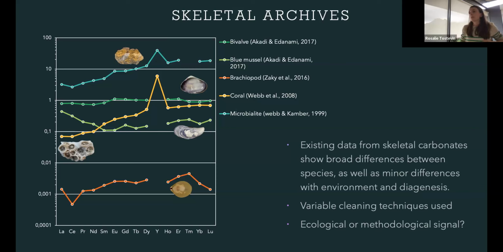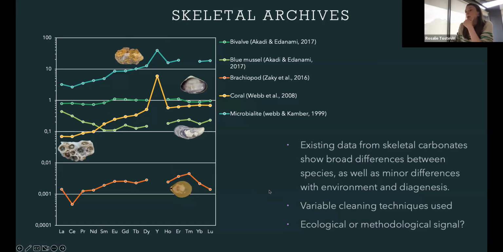So I'm not sure whether this is a methodological signal or an ecological signal, but potentially there's some very interesting information there that my group are starting to investigate, which is, is there some systematic difference in the way that some shells record rare earth element patterns versus others, and does that tell you something about their biomineralization mechanism? Or is this just because a lot of these studies have not sufficiently cleaned the organic matter and clays away from the shells before digesting them?